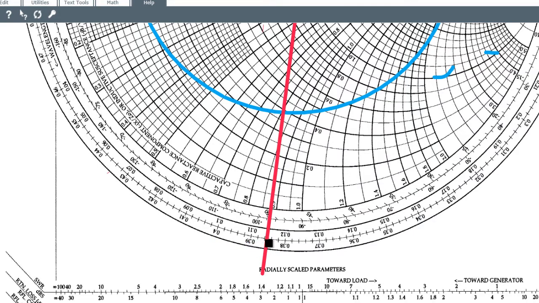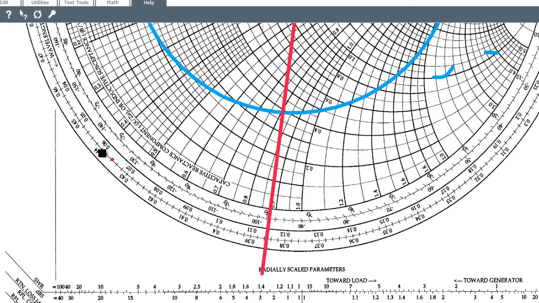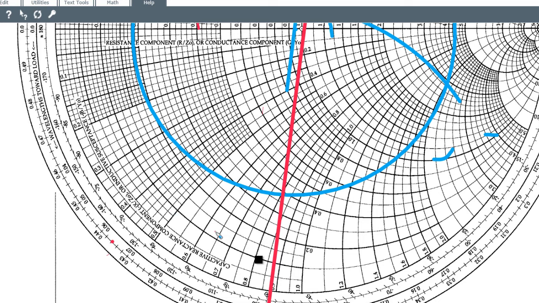So move 0.05: 0.01, 0.02, 0.03, 0.04, 0.05. We are moving this 0.05 to reach this point.